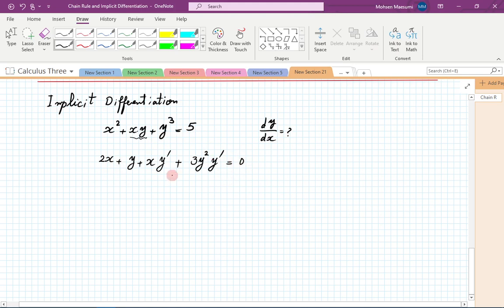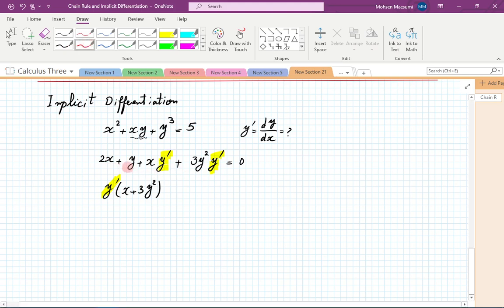What did you do in calculus 1? We said, well, you want to find this derivative. This is what you are after, isn't that so? This is what you want, y prime. So you go ahead and factor it, y prime times x plus 3y squared. This is the y prime that we are after.